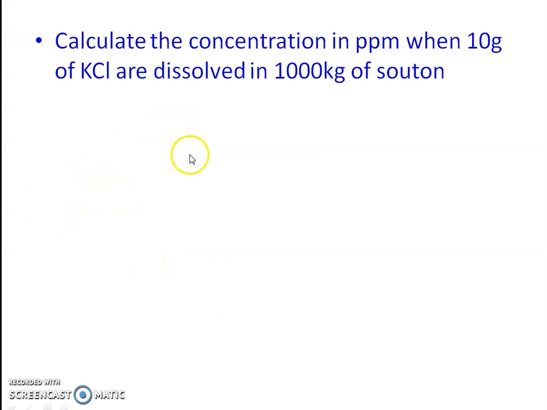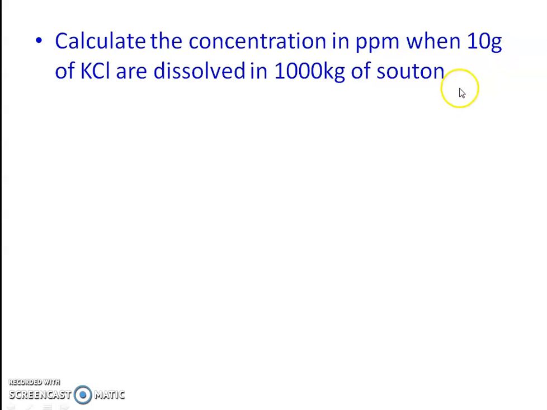Next example. Calculate the concentration in parts per million, ppm, when 10 gram of potassium chloride is dissolved in 1000 kilogram of solution. Here we are going to find out the concentration in ppm, parts per million.